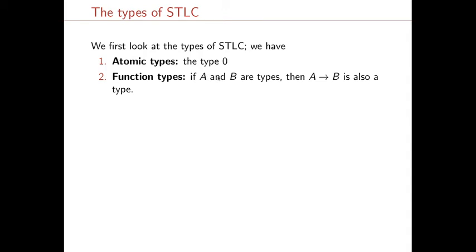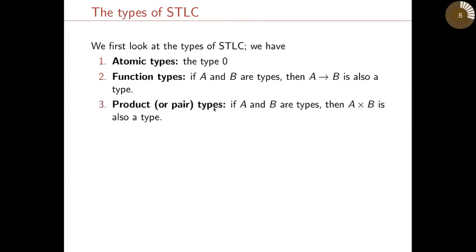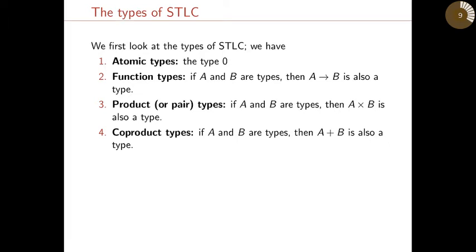Here, if A and B are types, then we can form a new type called A arrow B. We have the product type. If A and B are types, then A times B is also a type. And lastly, we have the coproduct type, also called the sum type. If A and B are types, then A plus B is also a type.